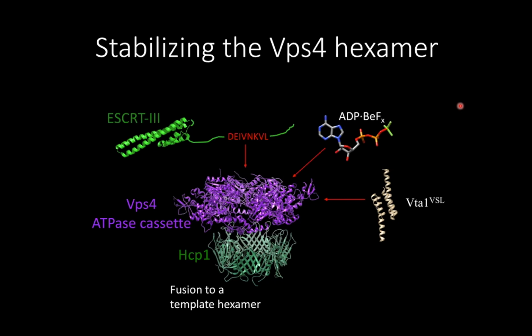It might be because ADP metal fluorides can look either like ATP or like ADP or like some sort of transition state or intermediate. It's also possible that ADP metal fluorides are simply a structurally particularly good mimic of ATP. In any event, it was necessary and it was included. Also included, as is commonly done, was a pinch of glutaraldehyde to stabilize the complex.